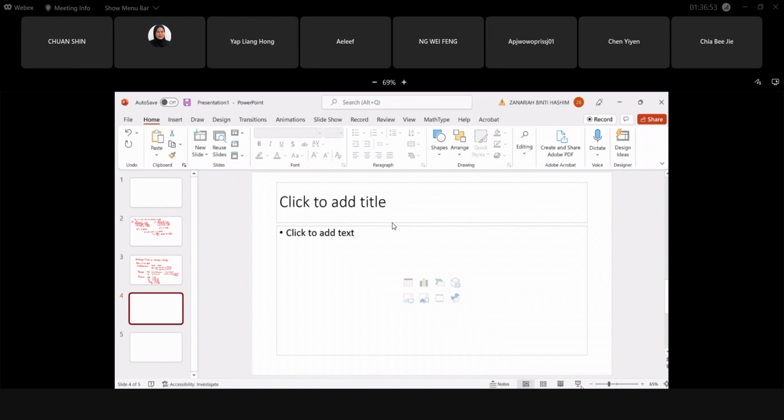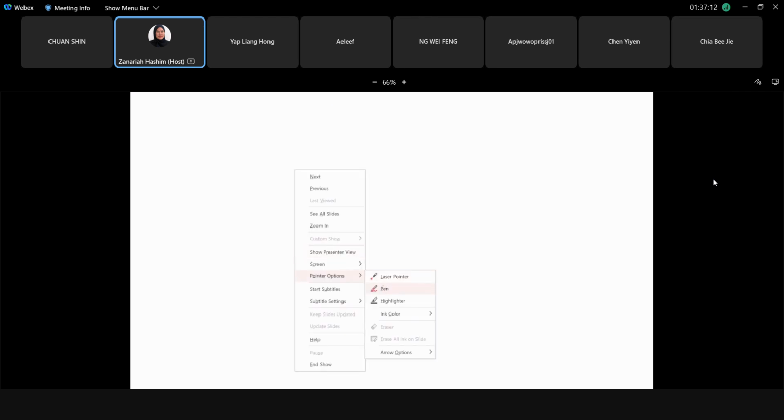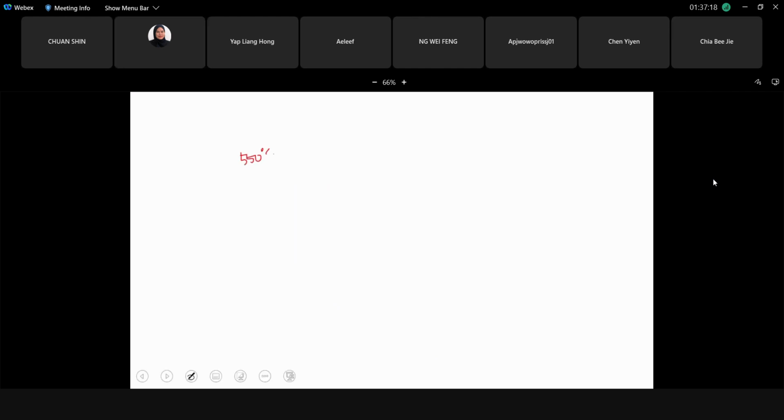Okay, so next you can consider your calculation path. It's always convenient to draw your calculation path. So your inlet is 550 degrees C. So you have your reactant at 550. This is your inlet.